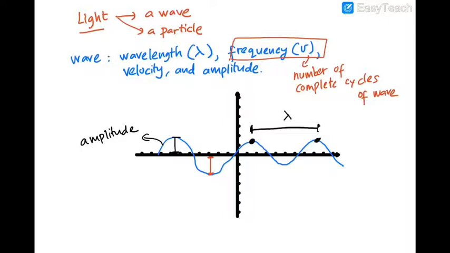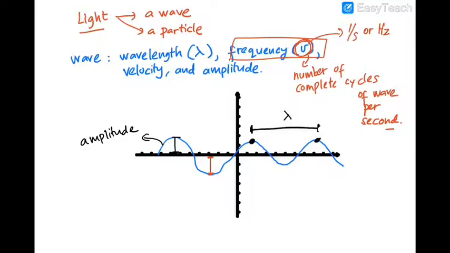So this is normally defined over a time frame which is likely to be a second. That's why the unit for frequency, or the symbol is this one, nu, is measured in the unit of 1/second, or this can also be called hertz.